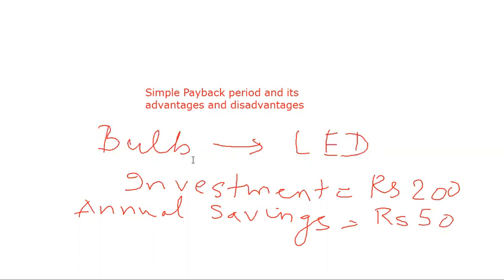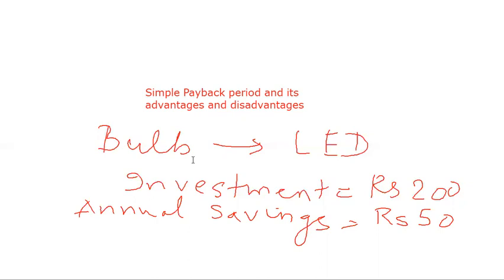So why is this saving happening? This saving is happening because you are saving electricity, and because you are saving electricity, your electricity bill would be less. Let us say that less bill amounts to rupees 50 by replacing one bulb.